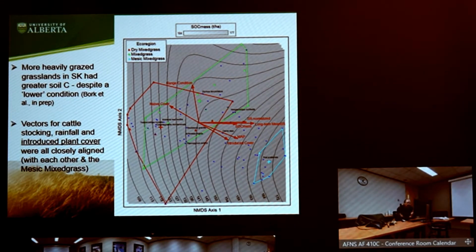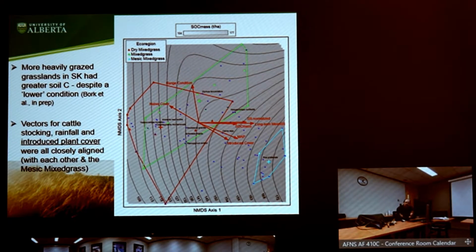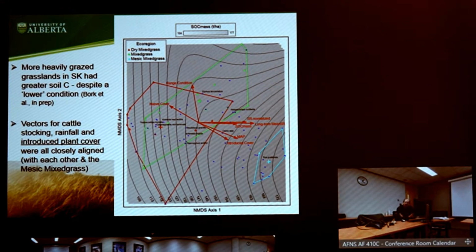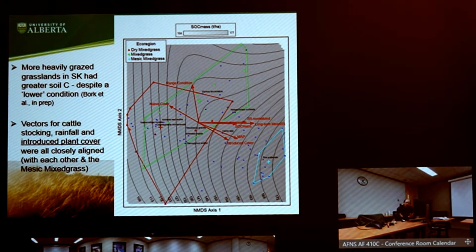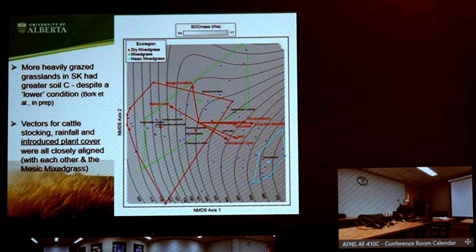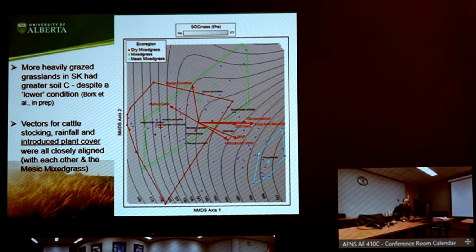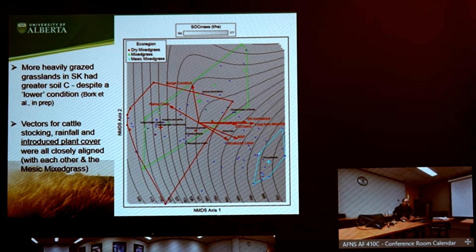If we look at factors like introduced plant cover, we actually see very close alignment between the abundance of introduced plant species and factors such as total carbon, soil organic carbon, and inorganic carbon, which is further adding credence to this notion that a plant community shift occurring because of higher stocking rates may indeed be accounting for the higher soil carbon.